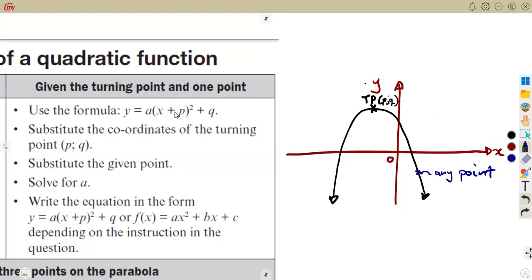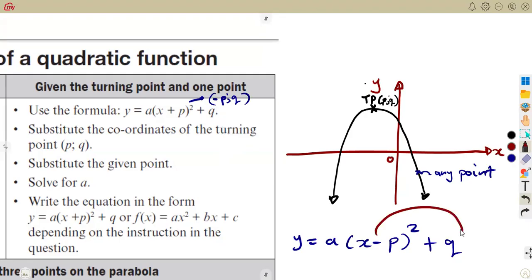When there's a plus in the bracket, it means your turning point was minus P, Q. I explained that this can also be given as y is equal to a into x minus P, squared, plus Q. This is the condition when your turning point is positive P, so this negative changes to positive.